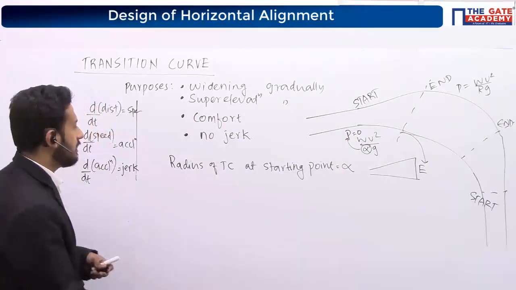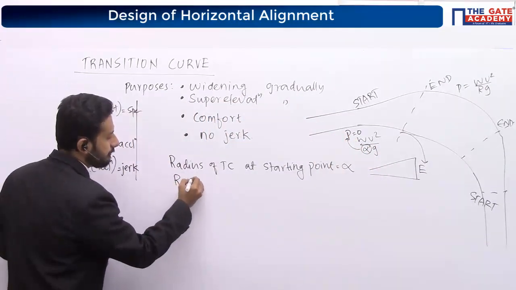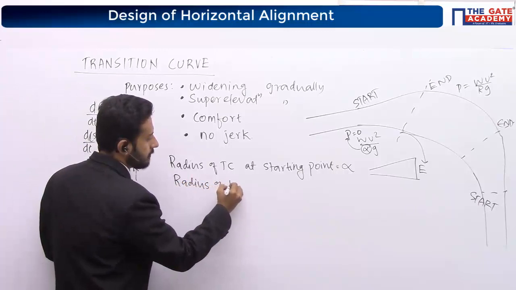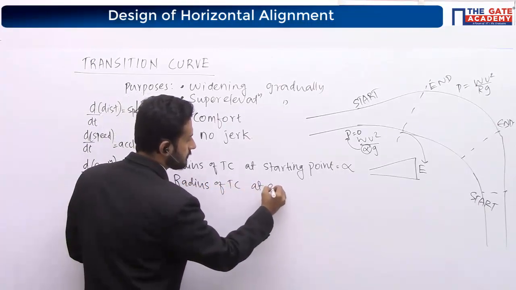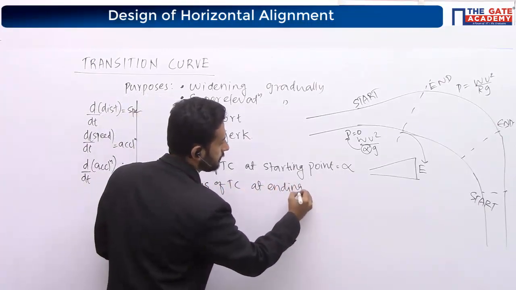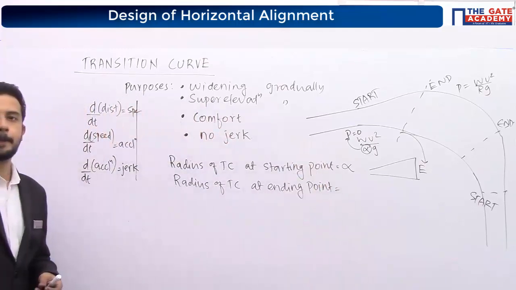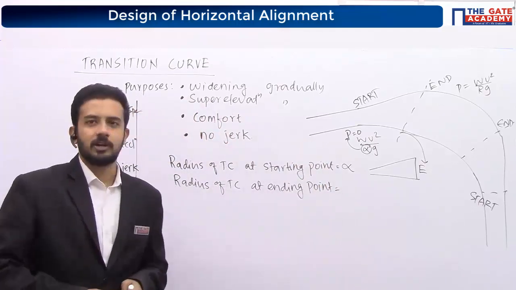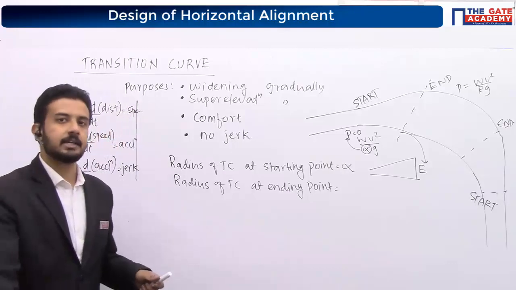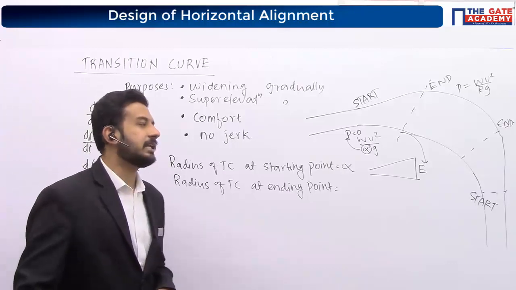Then what will be the radius of the transition curve at the ending point? Starting it's at infinity. What will be at the ending point?